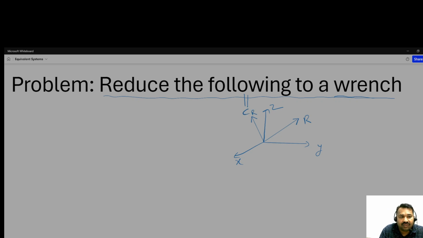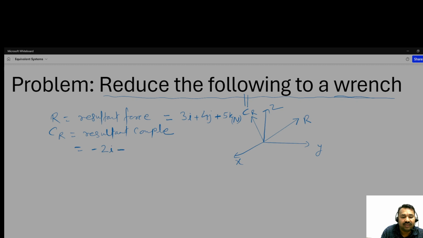So R is the resultant force, and CR is the resultant couple. It is given as 3i plus 4j plus 5k Newton, and what about this? It is given as minus 2i plus 3j plus 4k Newton meter, and these are vectors.